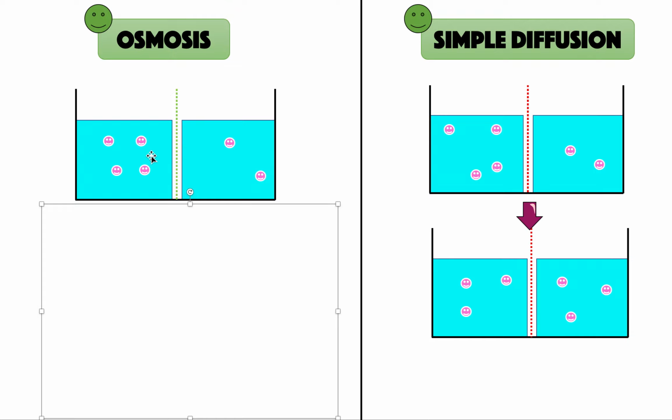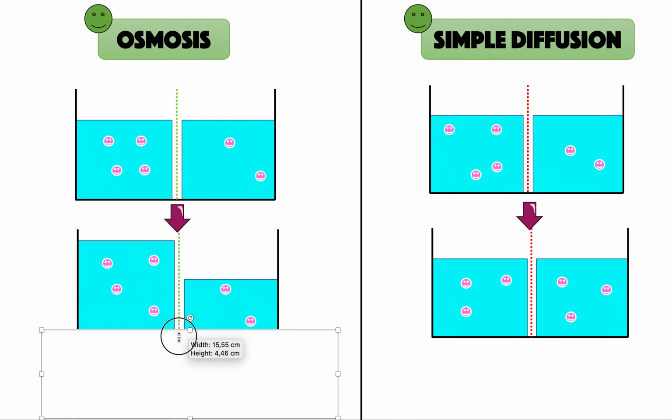If this barrier is permeable to water, that means the water will go from where there's very few molecules, because these two molecules have so much water for themselves, whereas these four are sharing all of this water. So the only way to make this fair is if these two molecules lose some water and give these molecules more, because then they all will have equal overall.